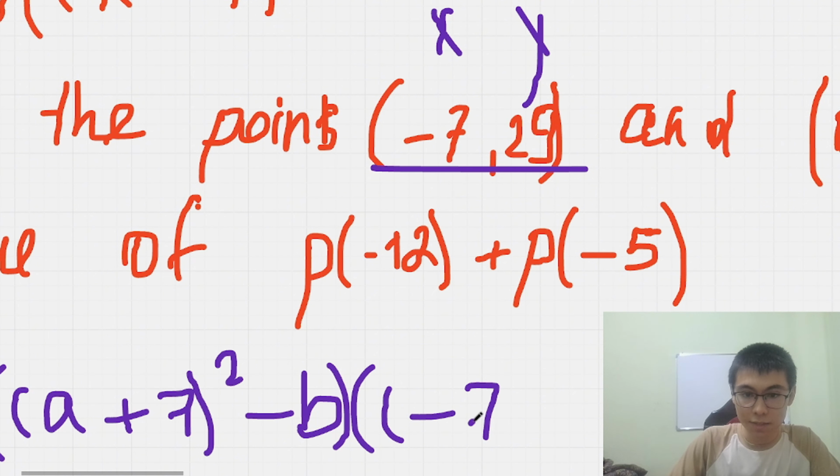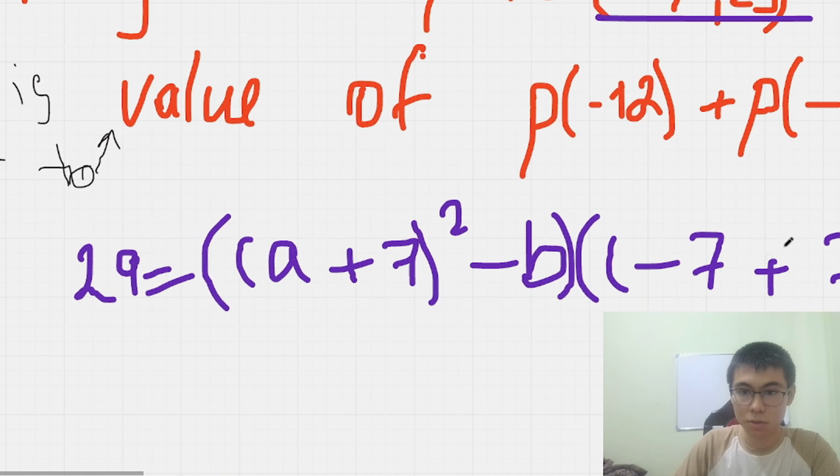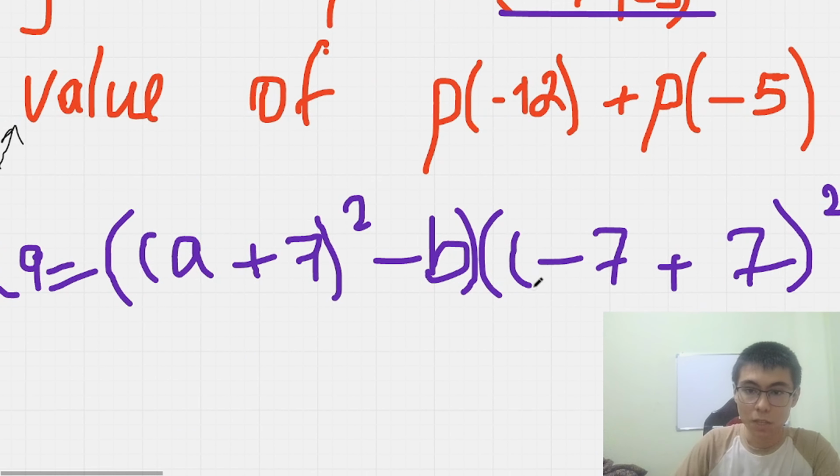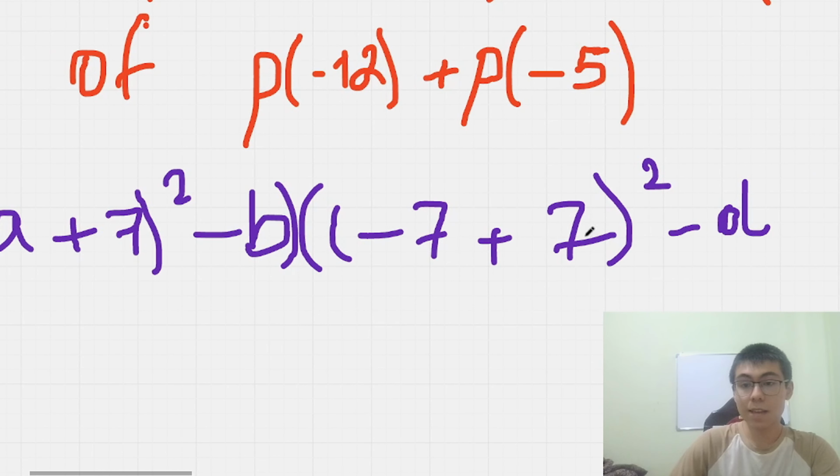So minus 7 plus 7 in the power of 2 minus d. So here 29 equals all of this stuff. Minus 7 plus 7 equals 0, and anything like 0 in the power of 2 is going to equal 0.